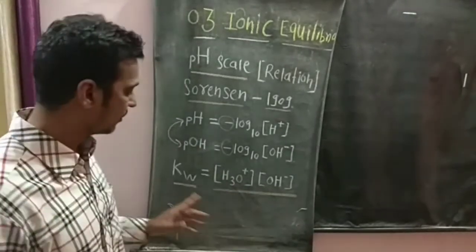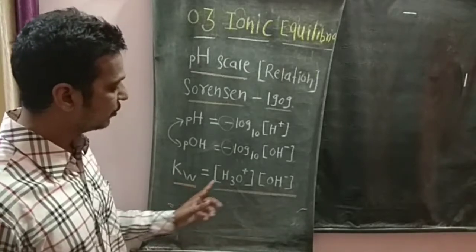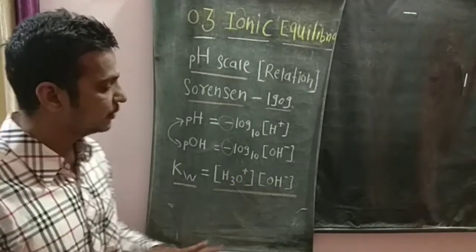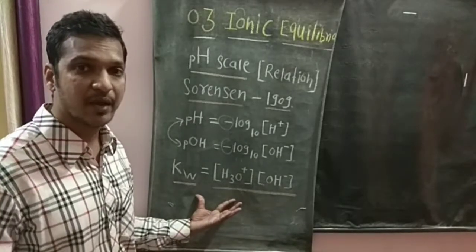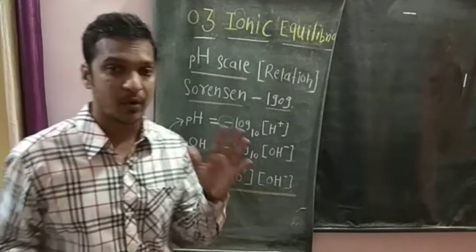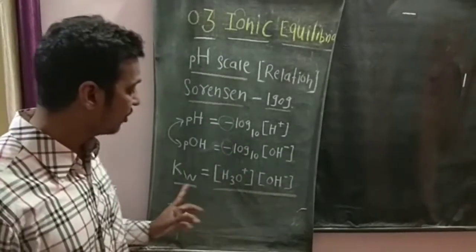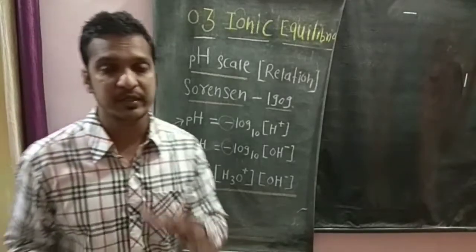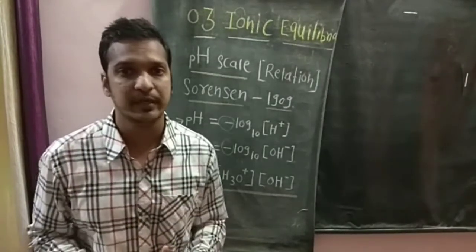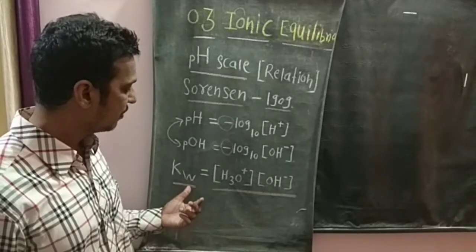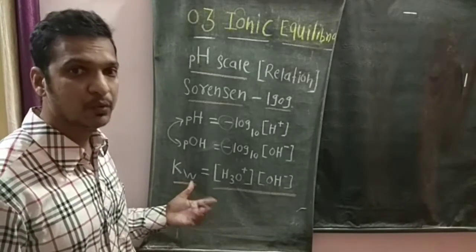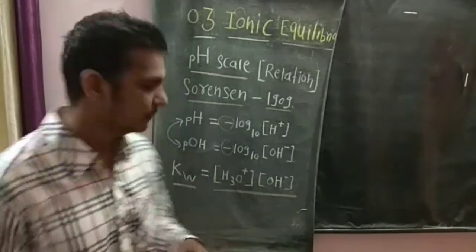So this is the ionic product of water. Kw is equal to the concentration of H3O plus into the concentration of OH minus. This ionic product of water we have already discussed in the last point, autoionization of water. So we know the value of Kw, and the value of Kw is equal to 1.0 into 10 raised to minus 14. So we substitute here the value of Kw, 1.0 into 10 raised to minus 14.